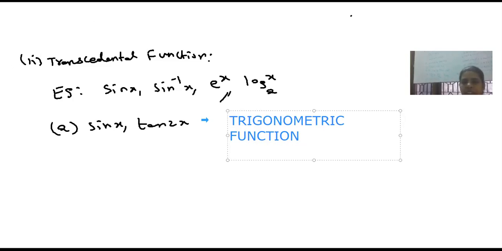And next, the second concept you are having: sine inverse x and cos inverse x. Okay, ma?